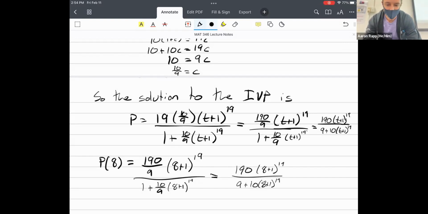That gives 90 times 9 to the 19 divided by 9 plus 10 times 9 to the 18th.